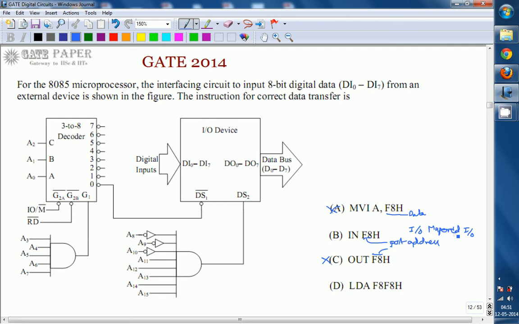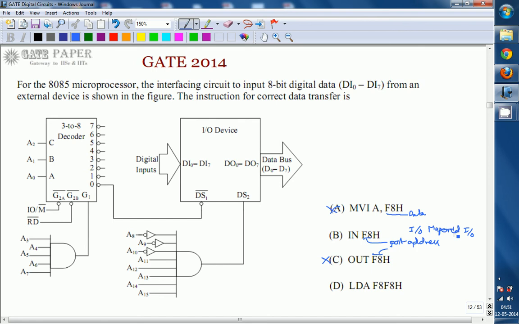Whenever you want to communicate between the microprocessor and a peripheral device, that can be done in two ways. One is I/O mapped I/O, the other is memory mapped I/O.